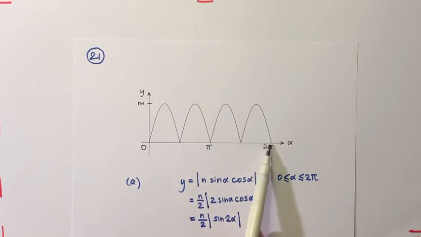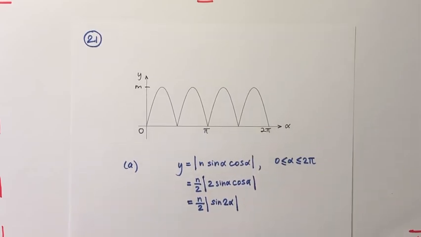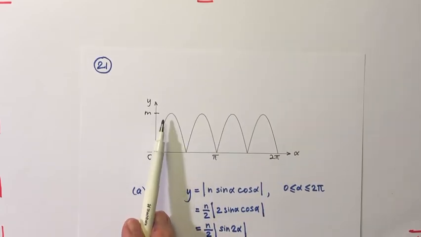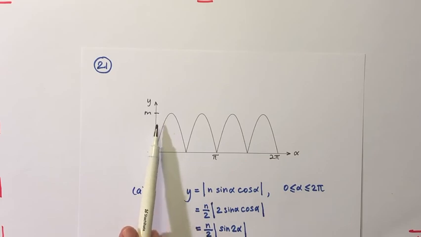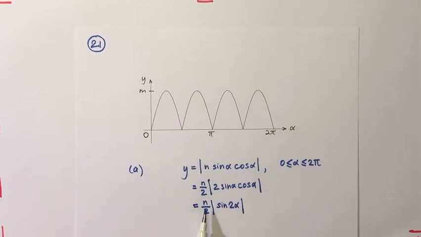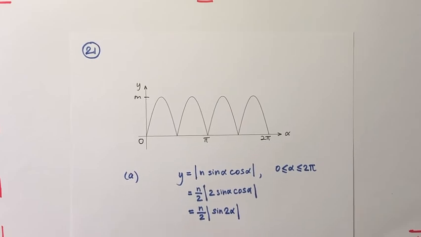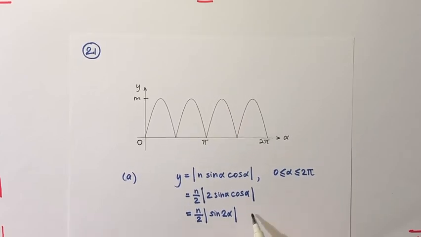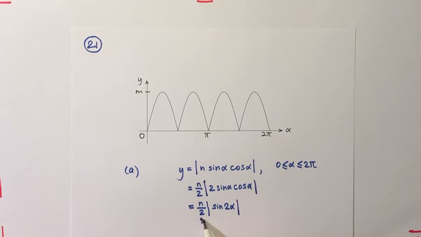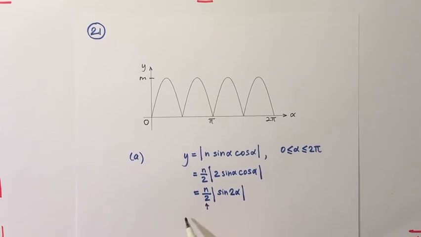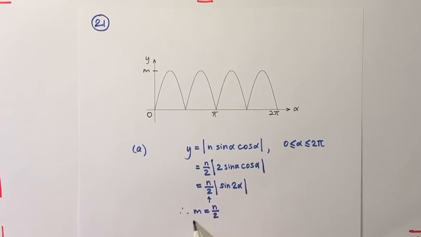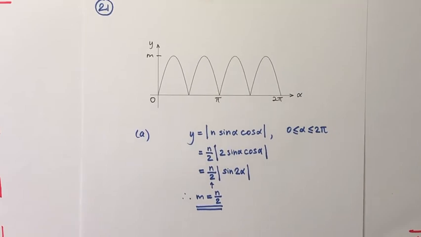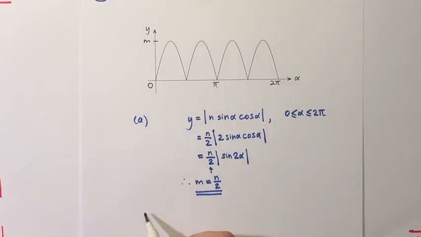And because it's mod, everything is made positive. From the graph, we've got 1 cycle and the second cycle, and all of it is made positive. The amplitude of the graph is m. The amplitude of this sine graph is n over 2. So we can conclude that n over 2 is m. Therefore, m equals n over 2. And that's the answer for part A.